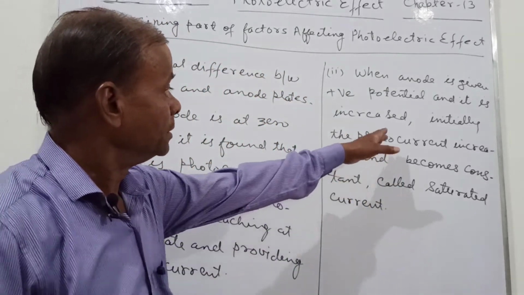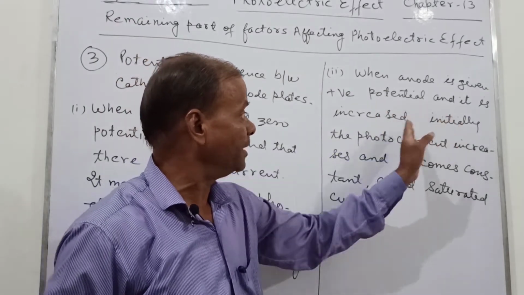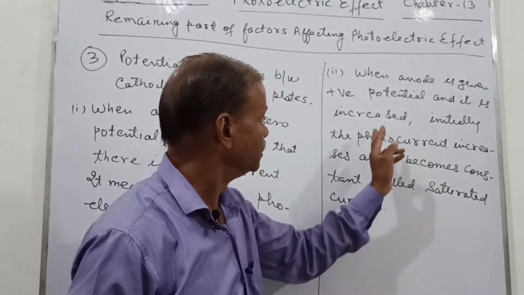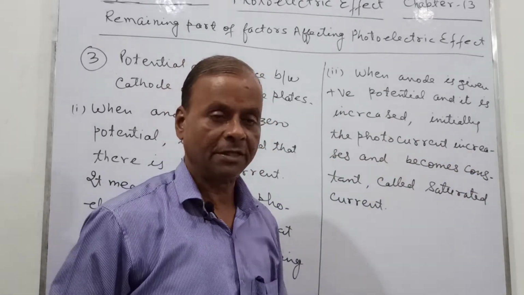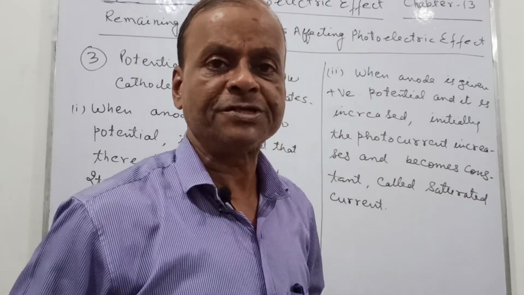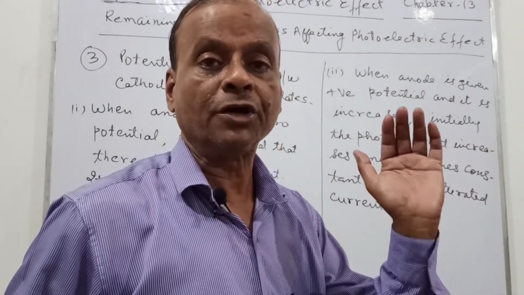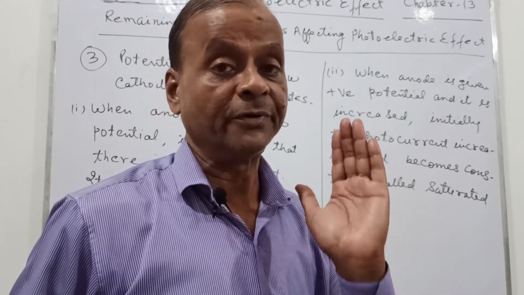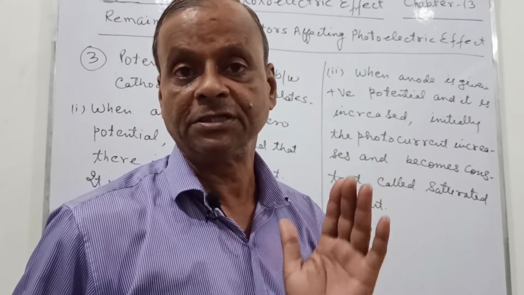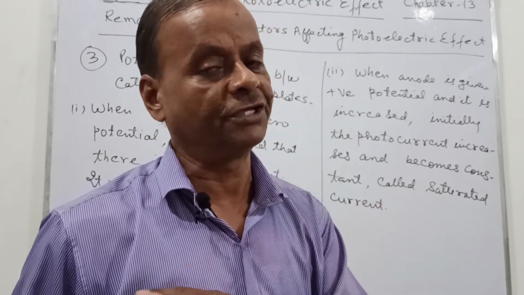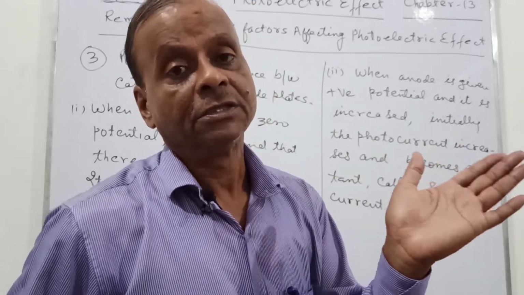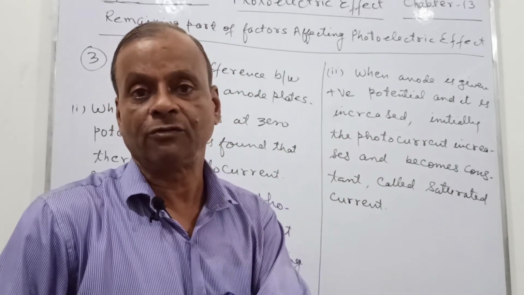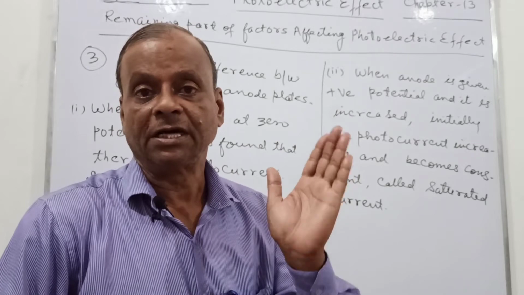So what is that? When the positive potential on the anode is increased, initially the photocurrent increases and becomes constant. It means that as the potential is increased, more and more electrons are attracted by the positive plate. So the number of electrons reaching the anode plate increases, and because of that, the current also increases. Now when the rate of emission of the electrons is equal to the rate of receiving of the electrons by the anode plate, then the current becomes constant.